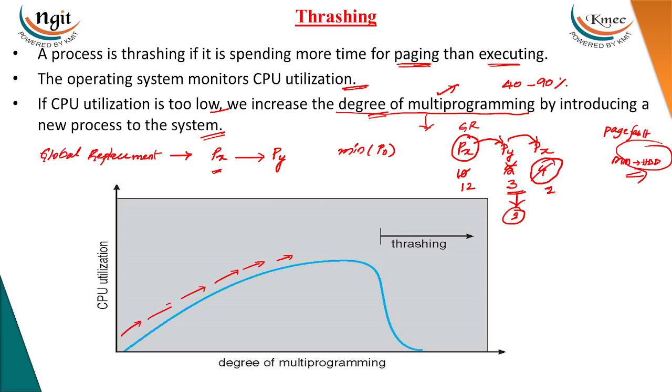If it takes 2 pages from Pz, then Py is again at 5 pages, and Pz will have 2 pages. Every time a page fault occurs, the instruction will be suspended and the page fault process will be done. What is meant by the page fault process?